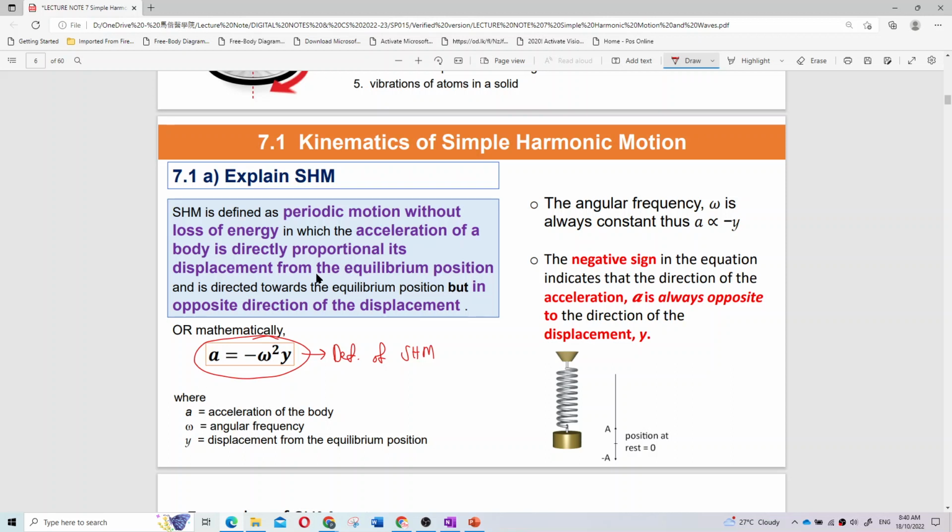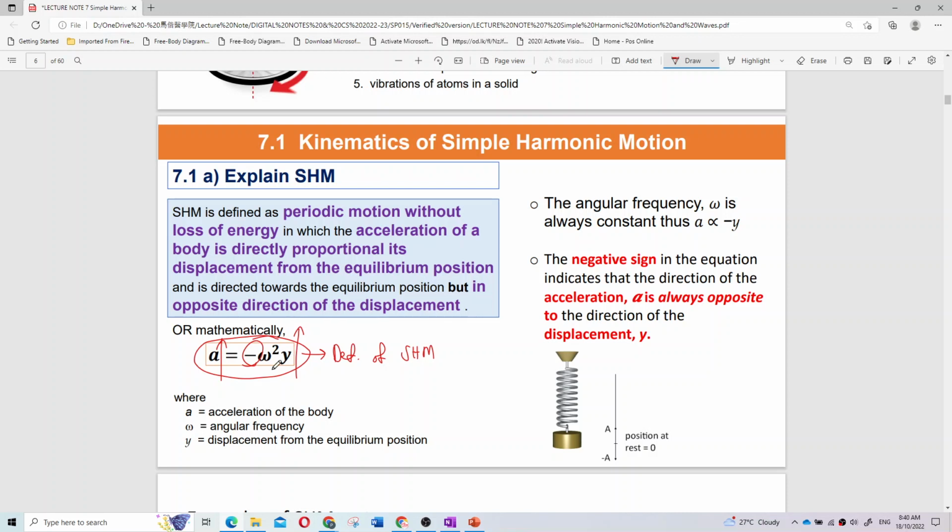Acceleration and displacement are proportional. If displacement increases, acceleration also increases. If displacement is 0, acceleration is also 0, and they are in opposite directions, negative.